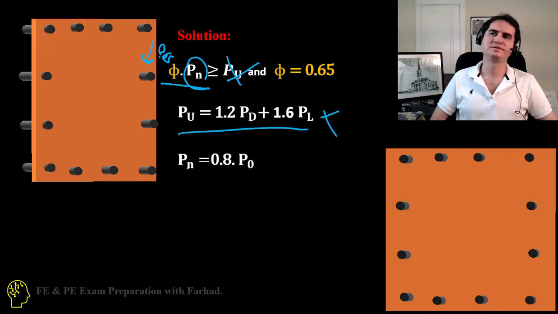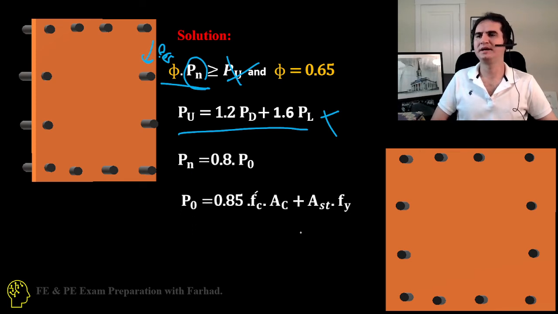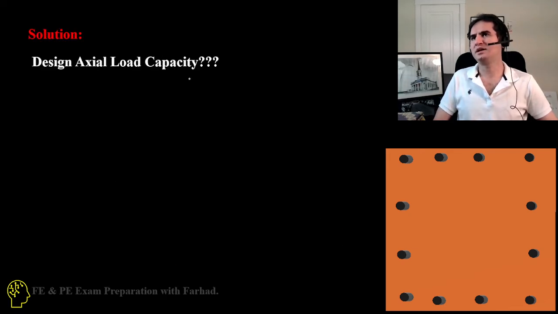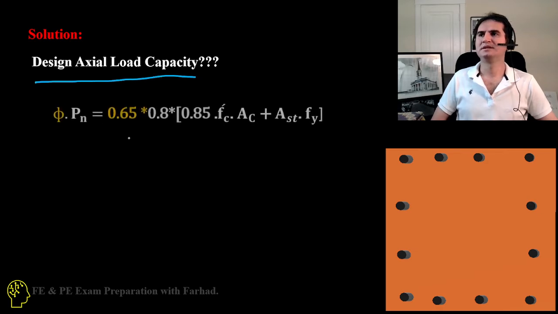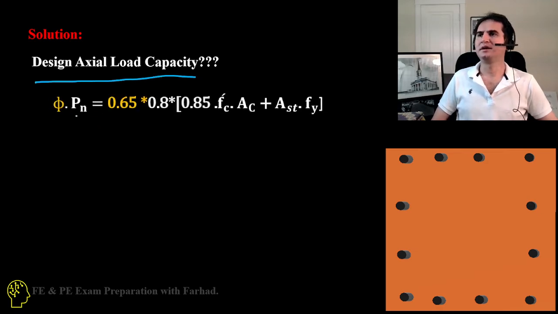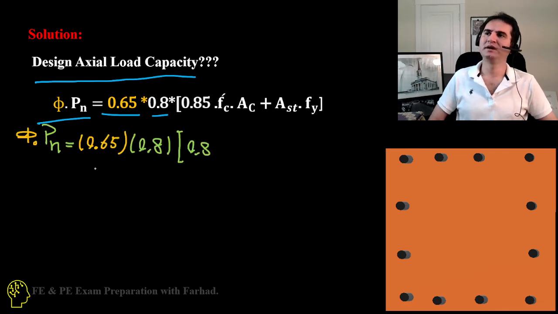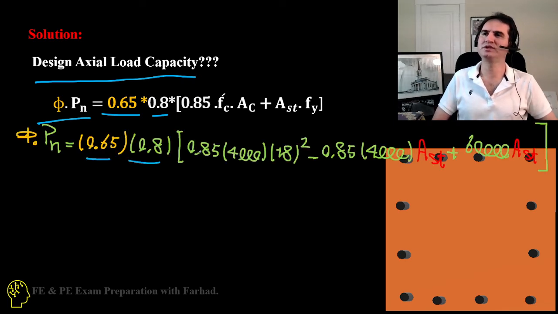So Pn, the nominal P, is 80% of P naught, and P naught is 85% F prime C times Ac plus A steel times Fy. So the design axial load capacity is again phi times Pn, which is 0.65 times 0.80 times, in brackets, 0.85 times 4,000 times the area of concrete.